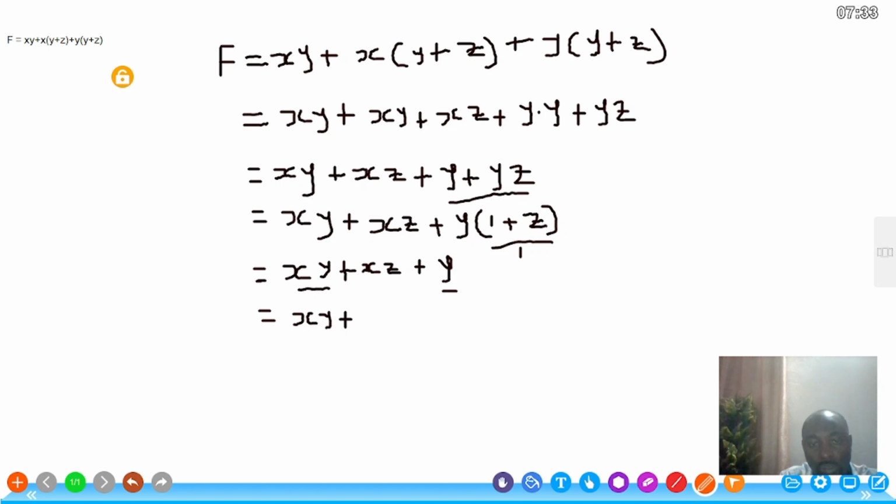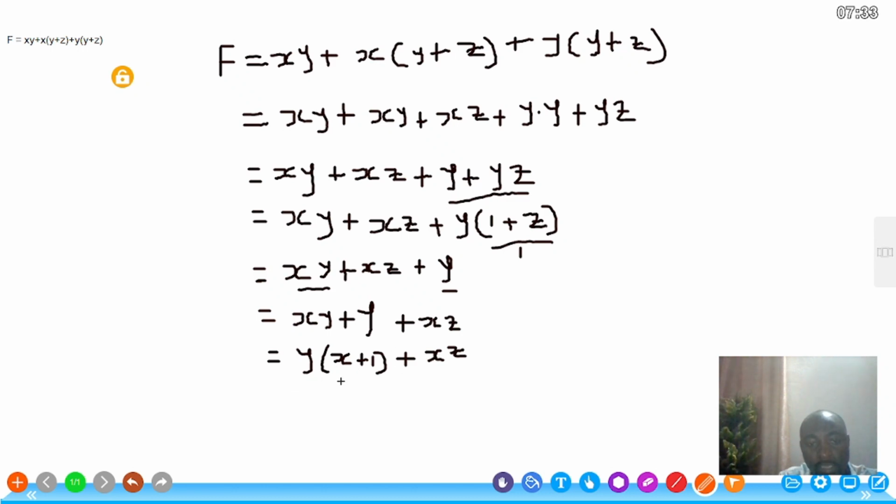So if you do that, let me write it clearly so that you could see exactly what we're doing. If you bring this xy plus y together, and then we have xz on the other side, let's factor out y, so y is common, so y into the bracket of x plus 1 plus xz.